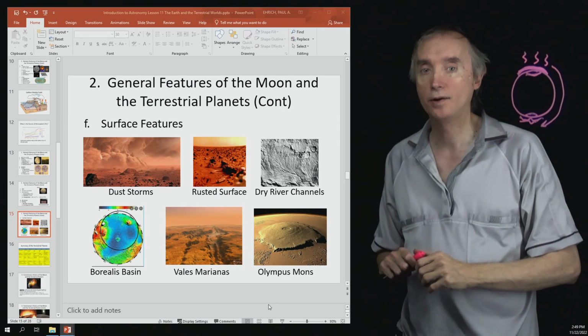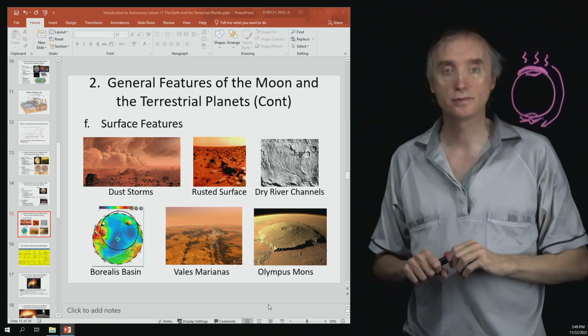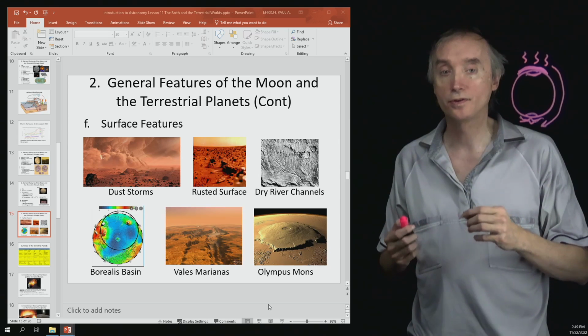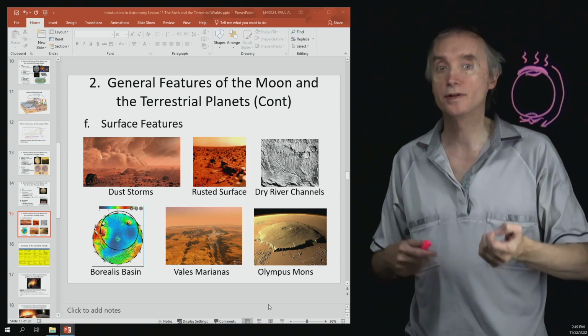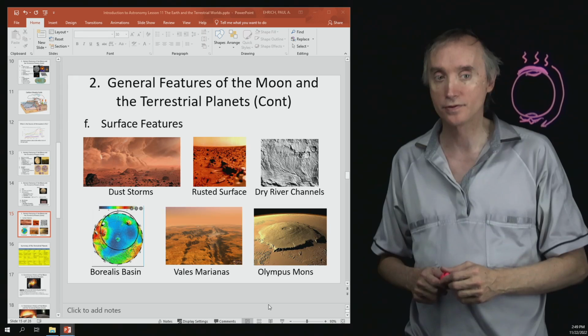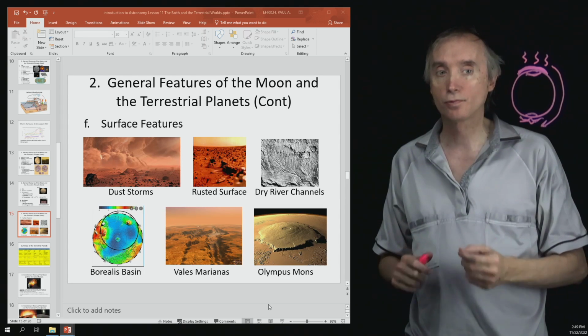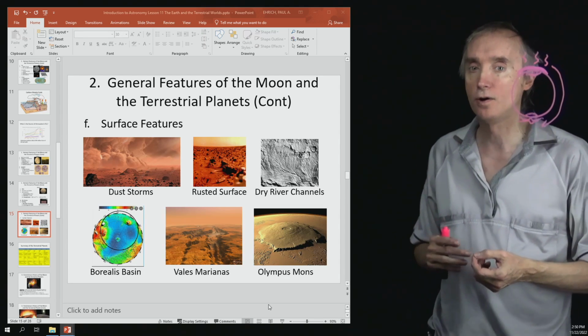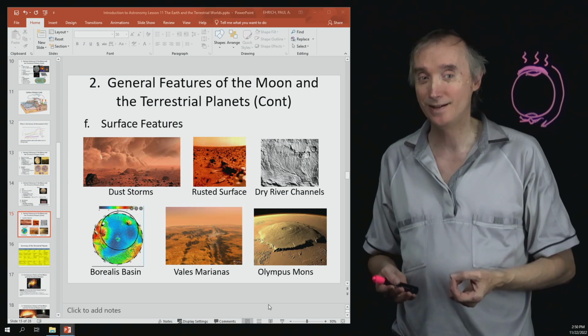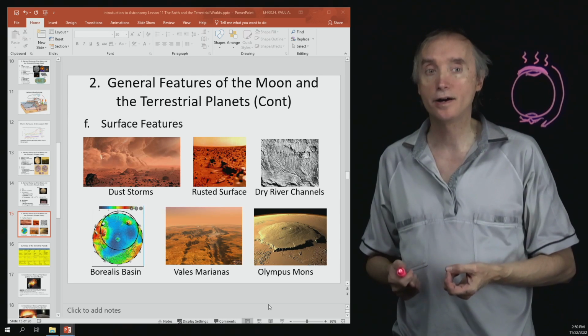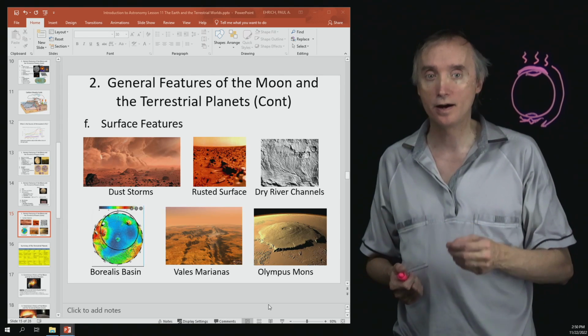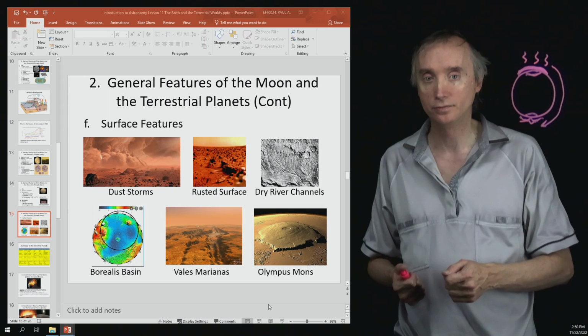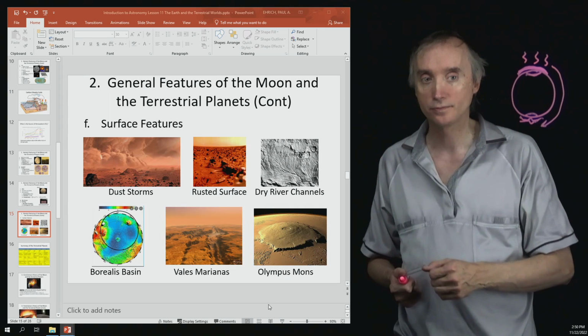It has a rusted surface. So they call it the red planet because it's actually the color red at the surface. And this is rust. So if you recall, basalt, which was an igneous rock, has lots of iron in it. And then that iron mixes with oxygen to make rust.